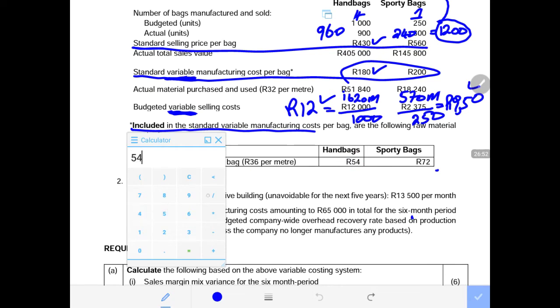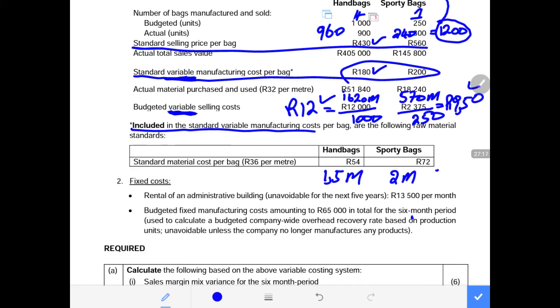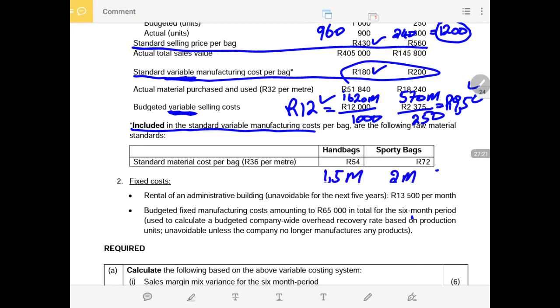So that will be 54 divided by 36. So now, in other words, we require 1.5 meters to complete 1 unit of the handbag. 1.5 meters of the raw material to complete 1 unit of the handbag, not sport bag. Then 74 divided by 36, it gives us 2. In other words, we need 2 meters to complete 1 unit of the sport bag. So that one is also sorted out. This will help us later on in the future.